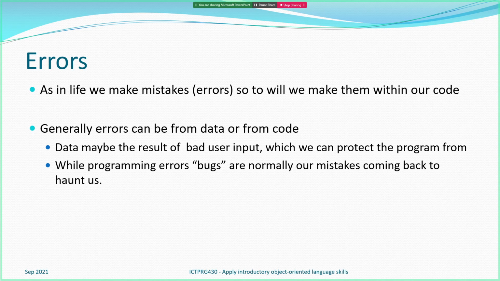Or there are lots of reasons why errors will occur, such as a bad input from the user. Now, these are generically termed bugs, and we need to know how we're going to handle them.